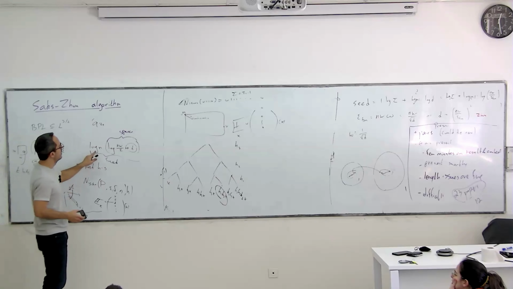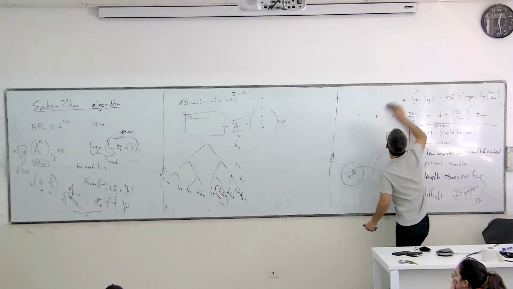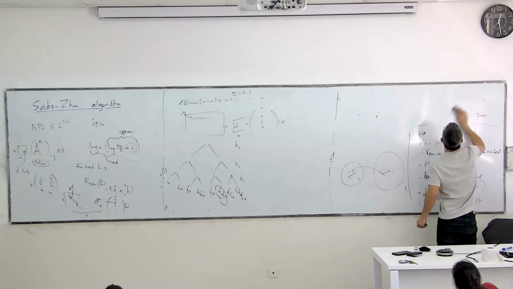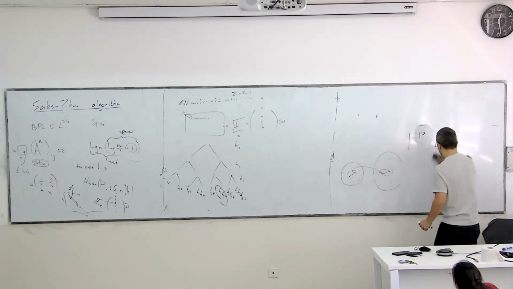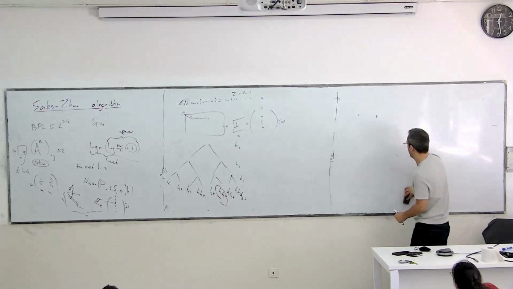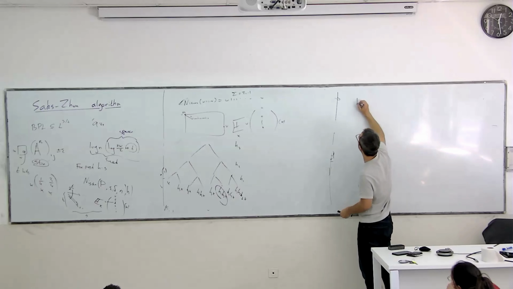Okay. So Saks and Zhou, what they did. Let's ignore epsilon, just to make it clear. So Nissan did this thing.